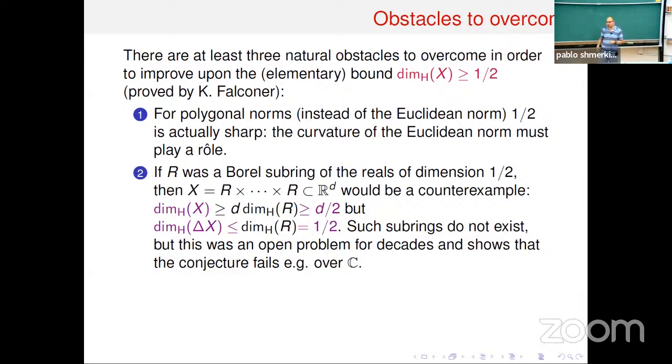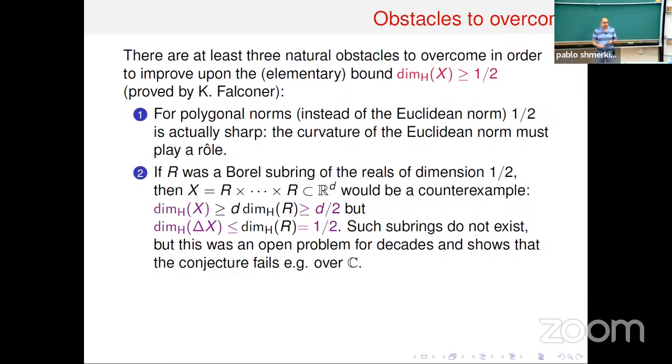In fact, it has dimension at least d over 2, which is the right direction for what I'm saying. But what about the distances? So if you square the distances, well, you don't leave the ring. R is a ring. So the distances squared lie in the ring, and taking the square root doesn't change dimension. So the dimension of the distance set is 1/2.